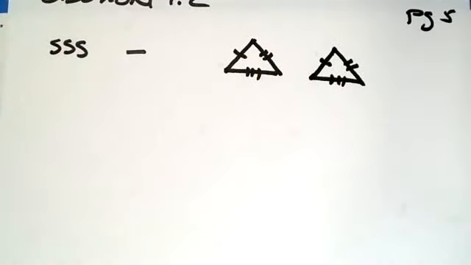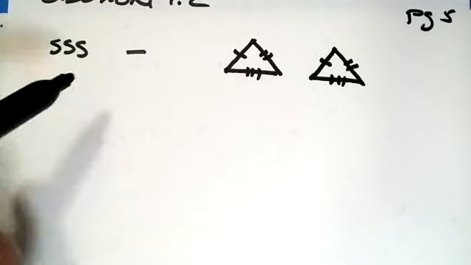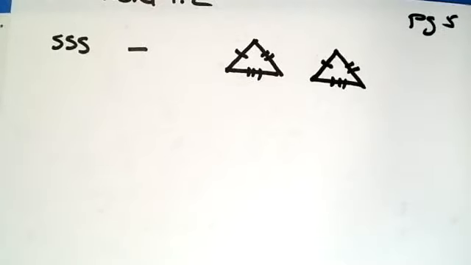Now, there are two other ways that we can arrange the sides and the angles. One of them is the definition of similarity, which doesn't guarantee congruence. And the other one is kind of a unique case, the so-called side-side angle.